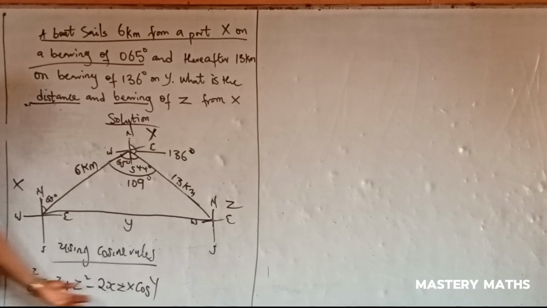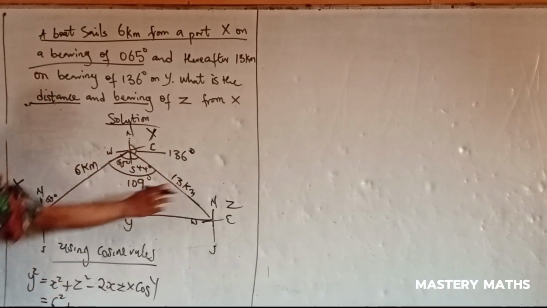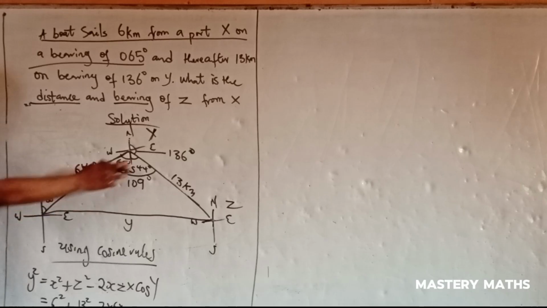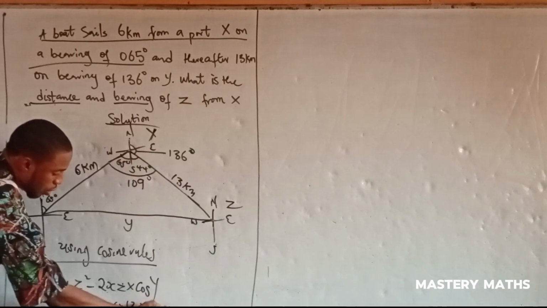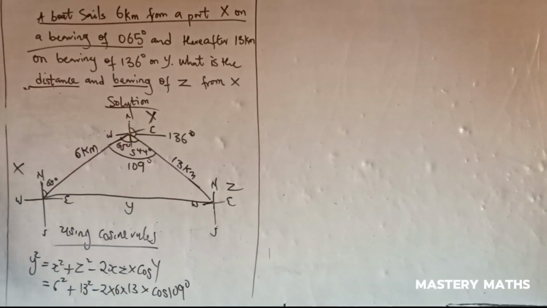Now, after we've gotten the formula, let's substitute. We said that our x squared is 6 squared, plus your z squared is 13 squared, minus your 2 times, what is your x? X is 6, times your z is 13, times cos 109 degrees.